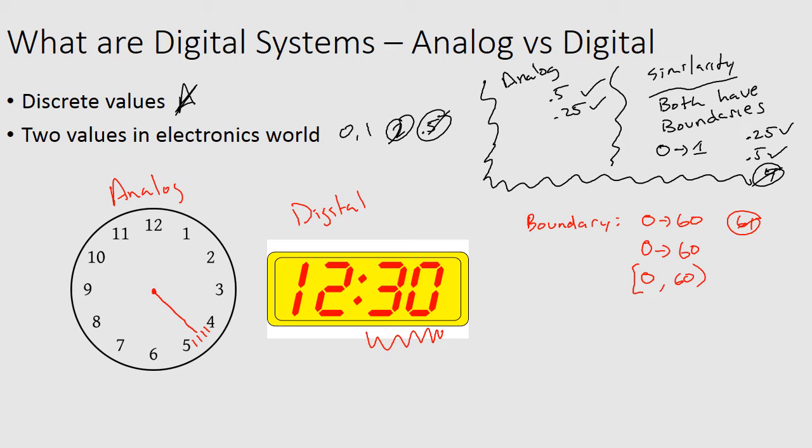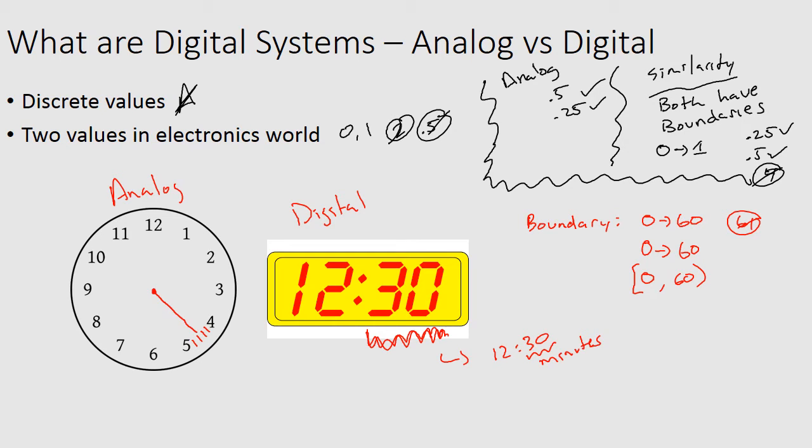However, for our digital system, we are only limited to 0 to 60 by integers. So we are only limited to 1, 2, 3, 4, 5, increments of 1. And in our analog world, we are not necessarily limited by that. What I mean by that is, if we take a look at our digital clock here on the right, we can definitively say that this is 12:30, or the minutes show that it is 30 minutes, right?